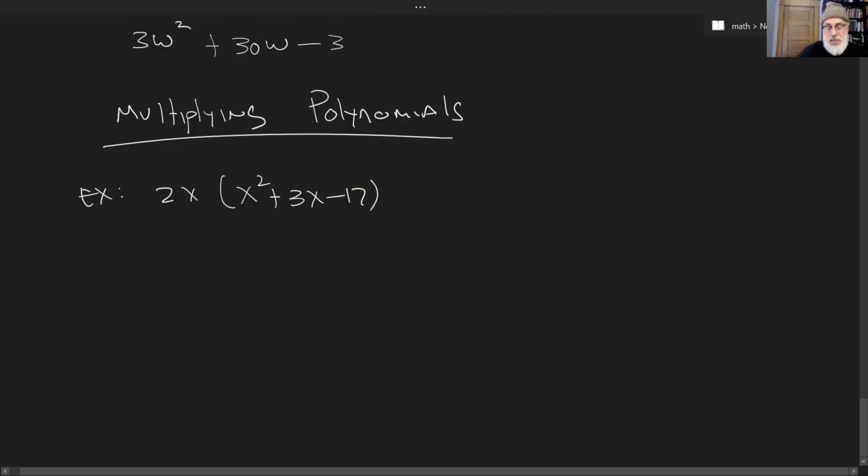When we multiply, we can multiply any terms in a polynomial. They don't have to be like terms to multiply.